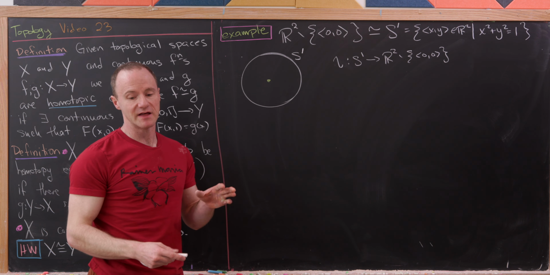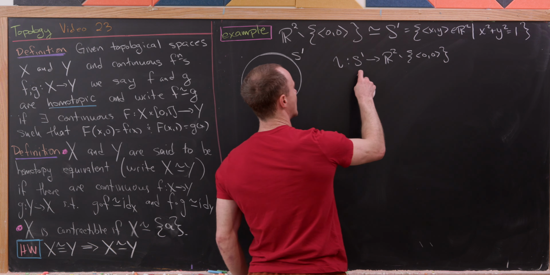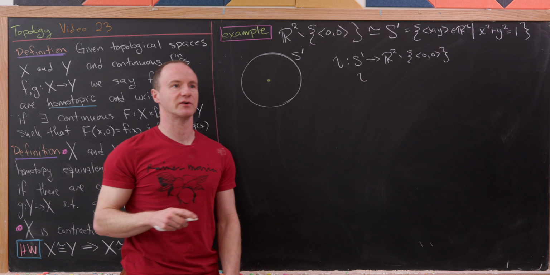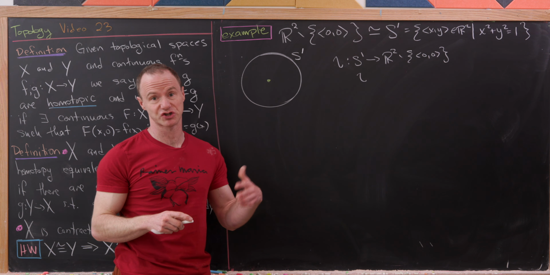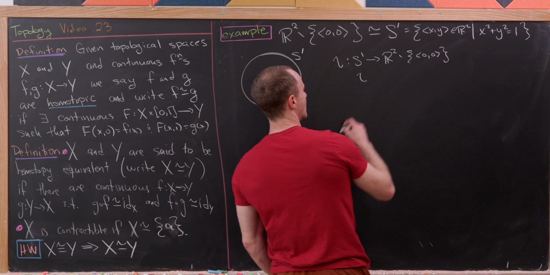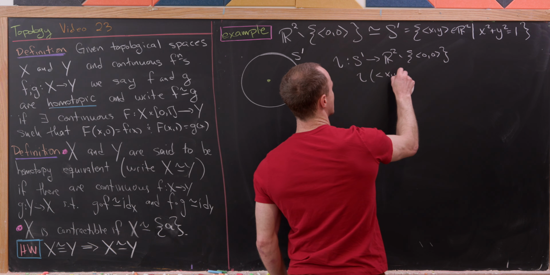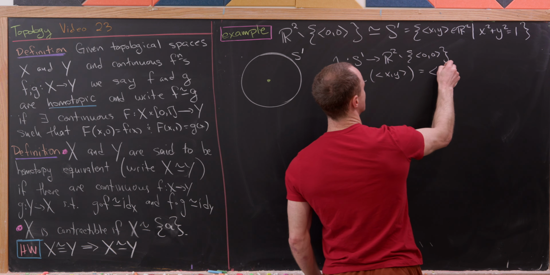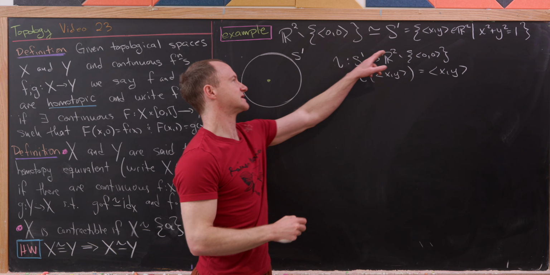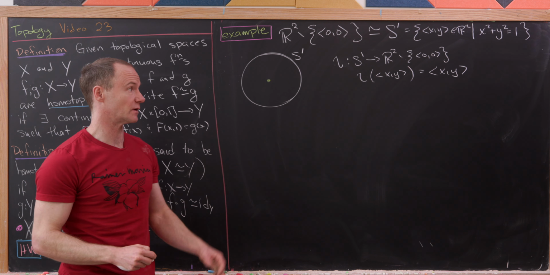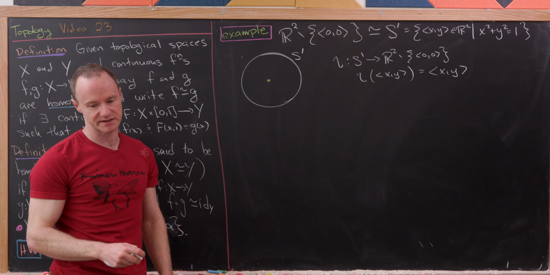And what do I mean by the natural inclusion? Well, you have a natural inclusion whenever you have a subset of a set. It's essentially just the identity function restricted to that subset. Okay, so that means that iota of (x, y) is just equal to (x, y). And since (0, 0) doesn't satisfy the defining equation of S1, this most definitely goes to the right place.